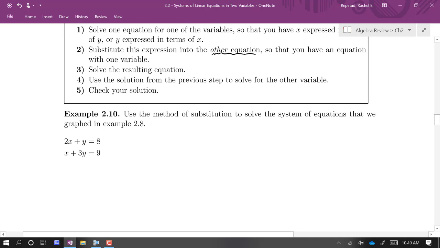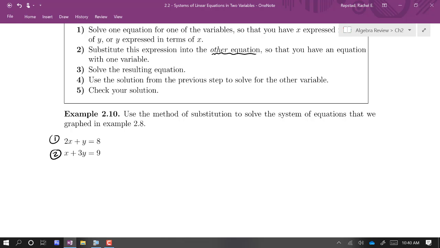So here's that system that we graphed near the beginning, a couple pages ago. Now we're going to solve it algebraically. I want to pick one of these equations and solve it for one of the variables. Just looking at what we've got here, I'm either going to pick equation 1 and solve it for y, or equation 2 and solve it for x, just because that seems easiest. I won't end up with any fractions to work with.